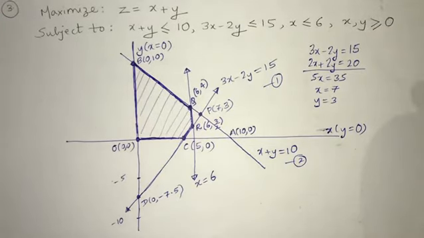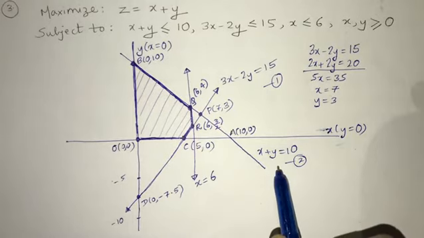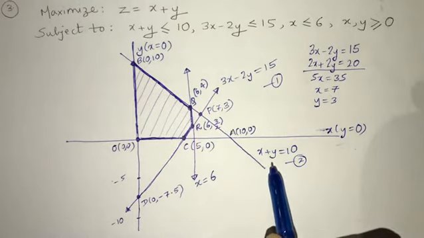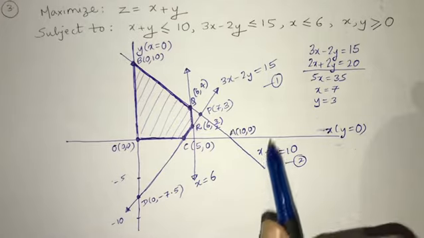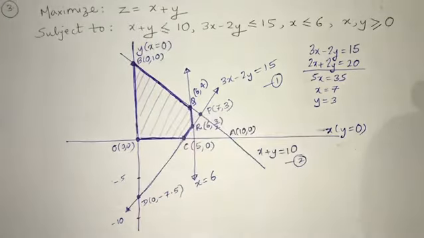You can see the constraint x plus y equal to 10, and the same x plus y is also z. So z will be 10 for those points lying on x plus y equal to 10. Whether that is the maximum value or not remains to be seen.